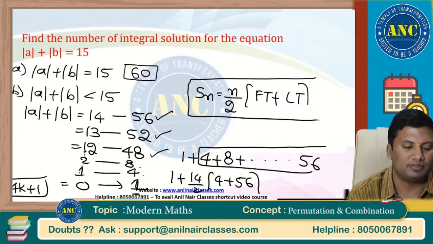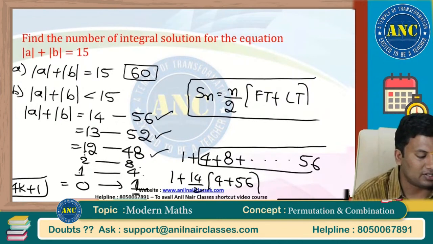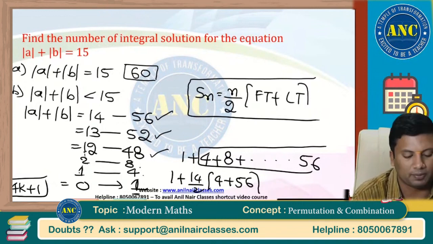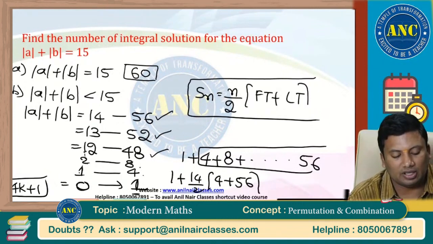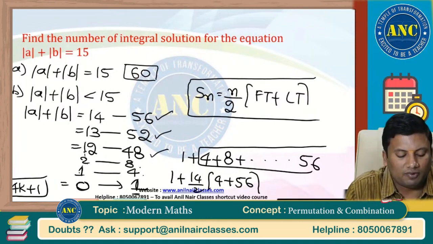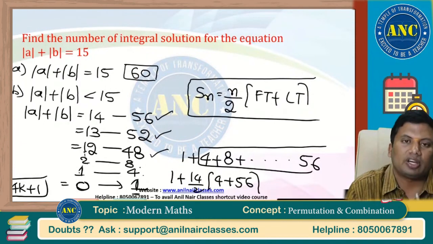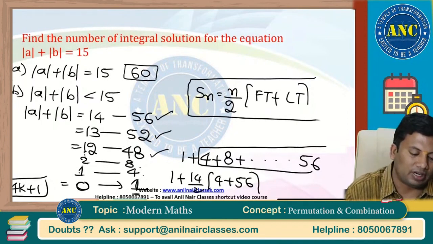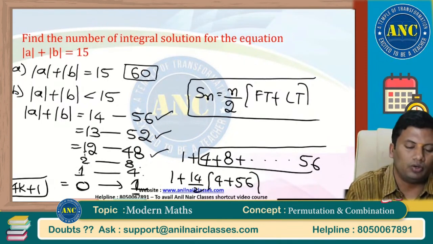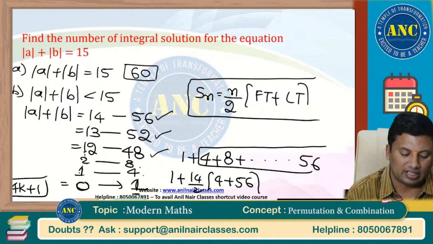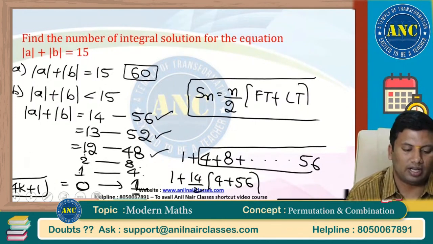Other than 0, all the values give 4k points: 1 gives 4, 2 gives 8, 3 gives 12, 12 gives 48, 13 gives 52, 14 gives 56. The answer is 4k plus 1.